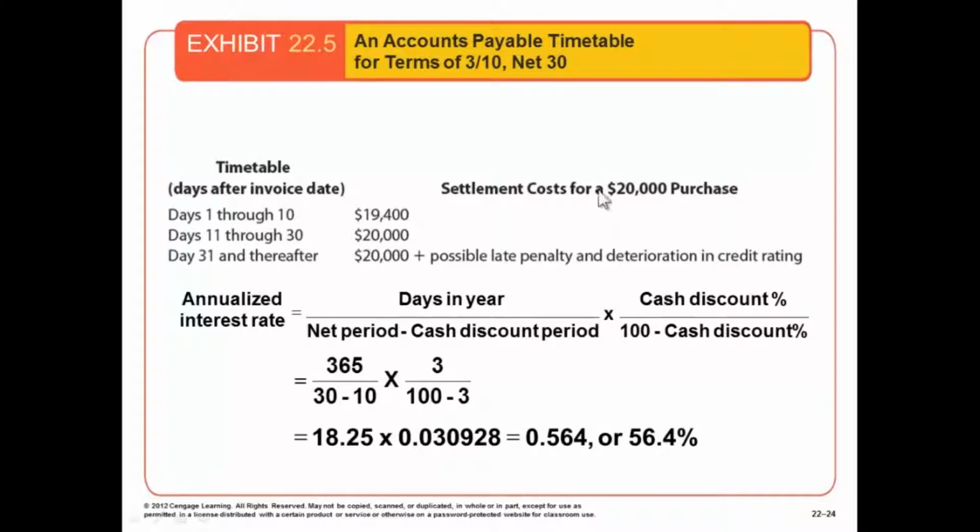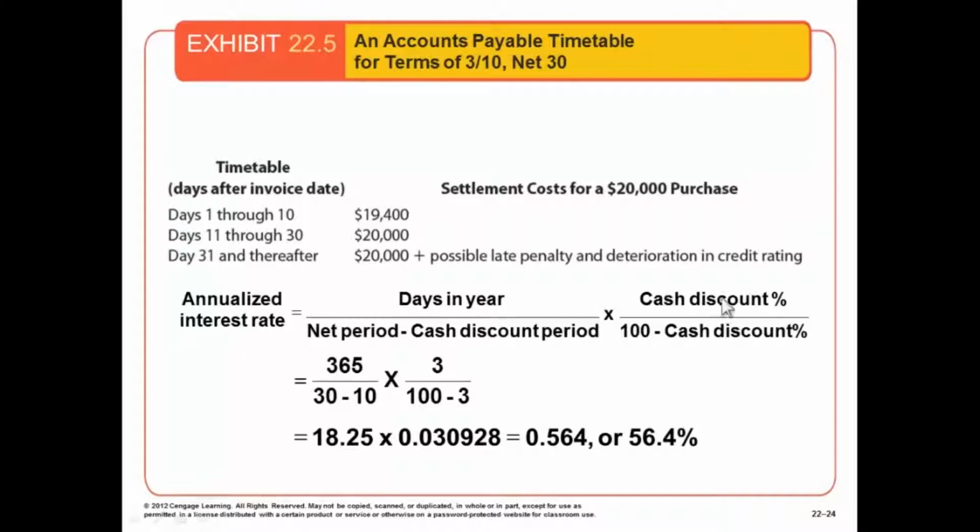Here's an example. I have a $20,000 invoice that I've got to pay, and it's got a 3/10 net 30 term on it. If I pay that within 10 days, I can take $600 off. If I pay it in day 11 through 30, I have to pay the full invoice. So let's see what, by taking that little $600 discount, that does to me on an annualized interest rate basis.